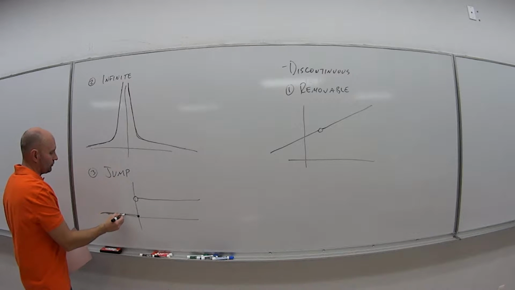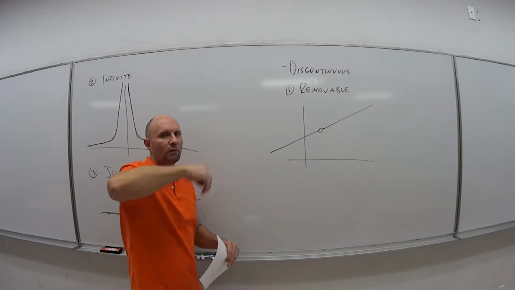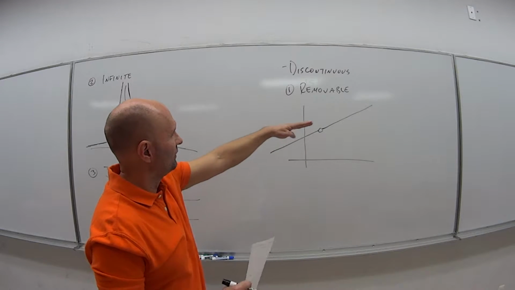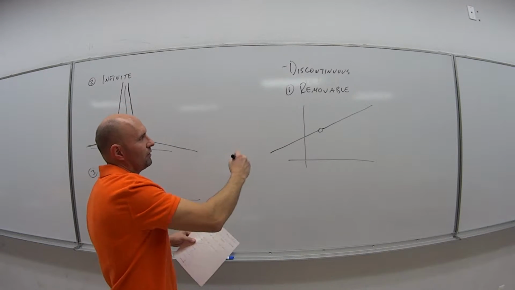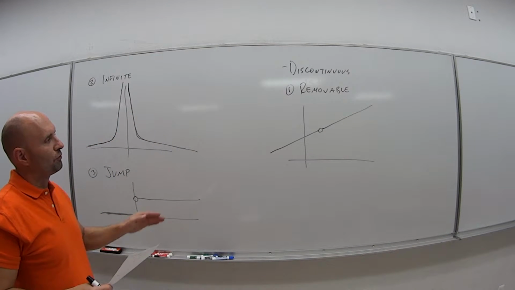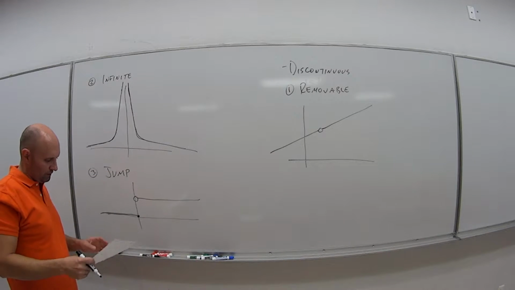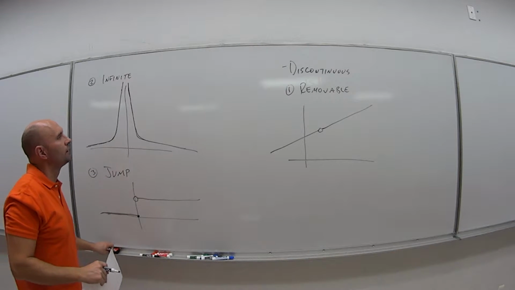So you're going along just fine, but then to get to the graph you have to jump to a different height, up or down. A little different from removable, because there it's still in the same sort of line, same sort of movement, but you have to jump for that 1 second. Here you're actually jumping to a different value altogether.